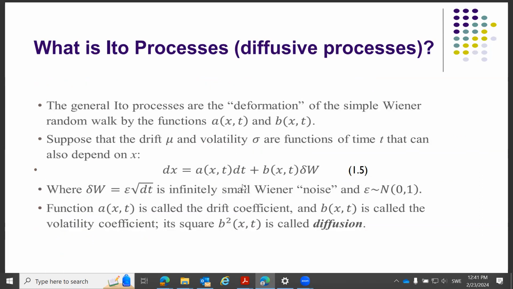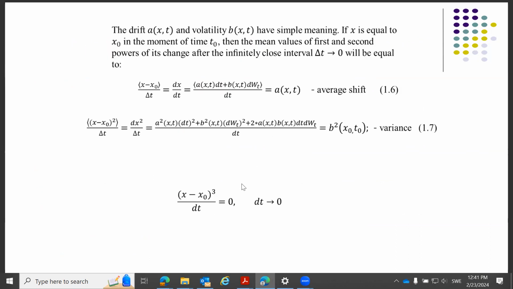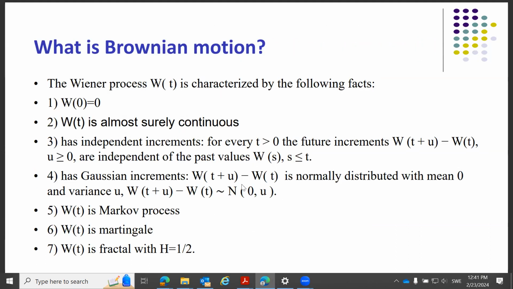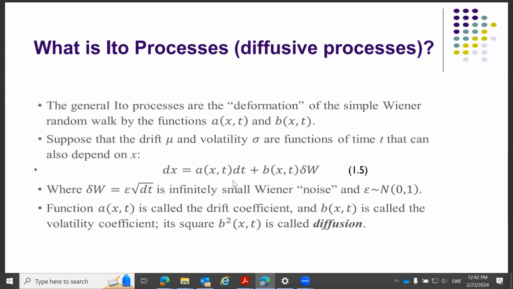So we would like to model stock prices not just with this Brownian motion, because Brownian motion describes the chaotic behavior of particles, but we would like to have a deformation of it, because you know that stock prices have a trend and volatility.